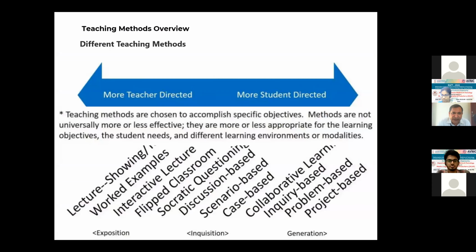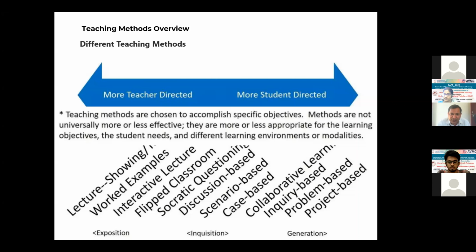And these are the different teaching methods which can be used. Most of you are using these different types of methods. On the left side, more teacher-directed, and then more student-directed: project-based, problem-based, inquiry-based, collaborative learning, case-based, discussion-based, and flipped classrooms.